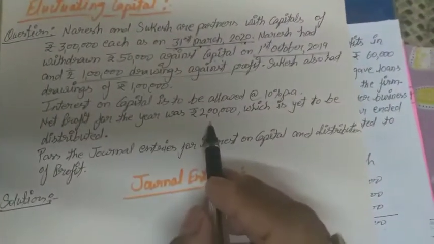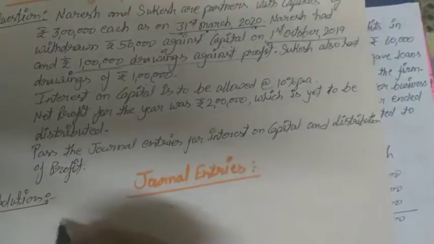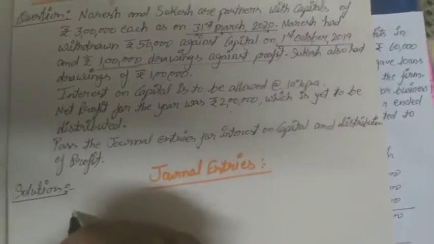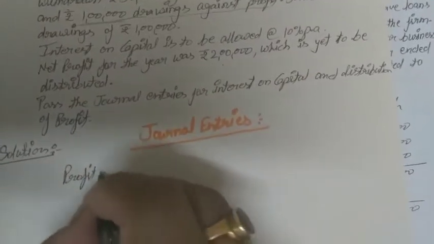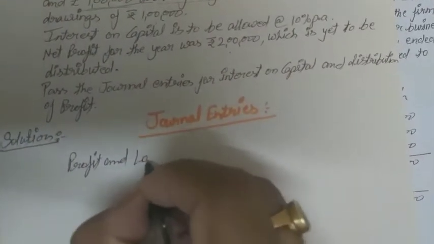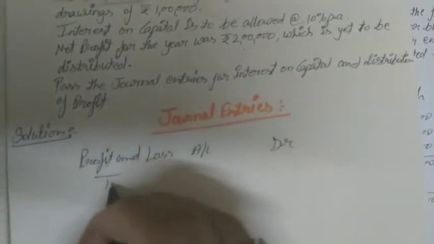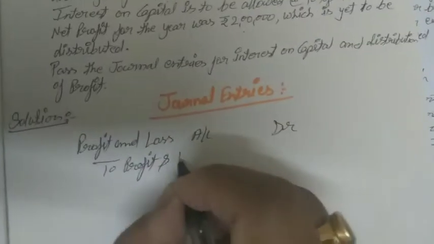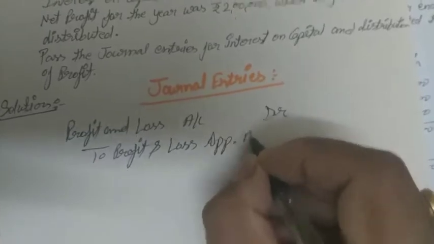Okay, now we have to pass the journal entry. So the journal entry is first according to profit and loss. According to profit and loss, it is transferred to the profit and loss appropriations account, credit side. So the journal entry will be: profit and loss account debit to profit and loss appropriations account.